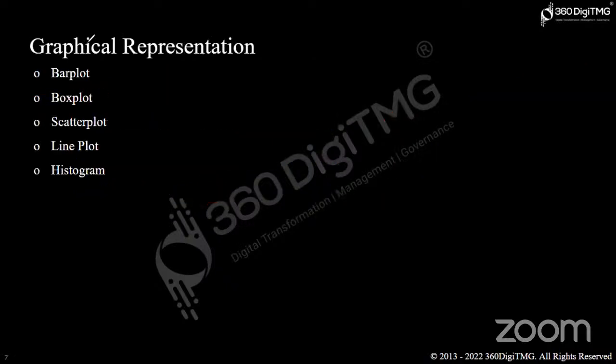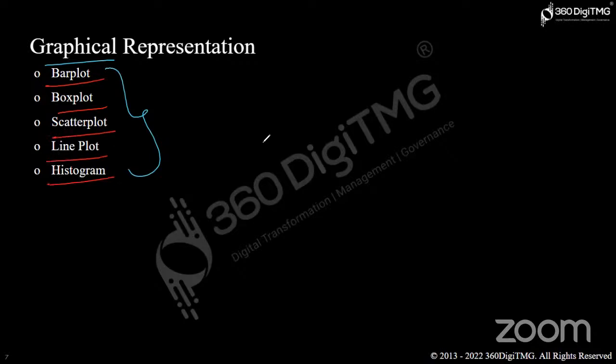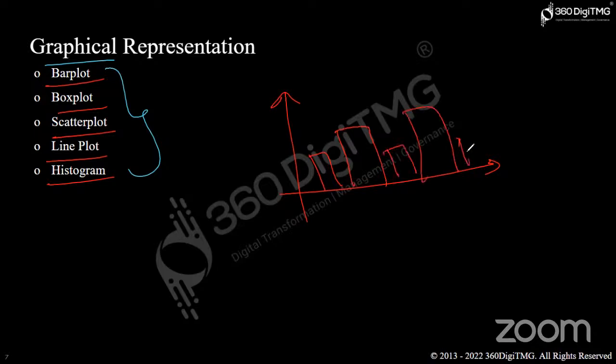So moving to the next. We have different kinds of graphical representation: bar plot, box plot, scatter plot, line plot, histogram. When I plot a graph, you can see this is 1, 2, 3, 4, 5.